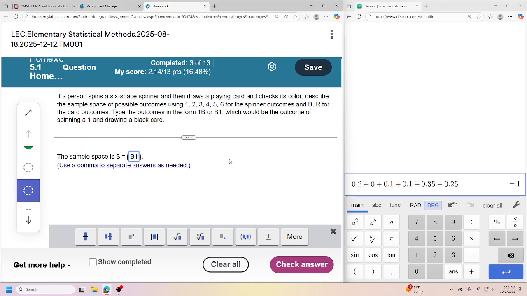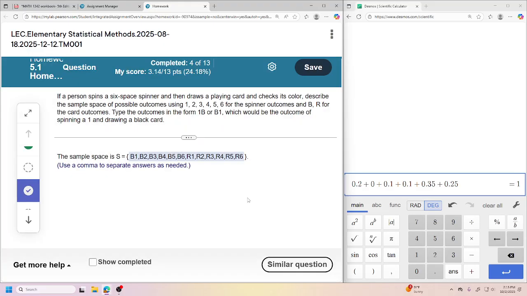So we got black 1, black 2, black 3, black 4, black 5, black 6, and then red 1, red 2, red 3, red 4, red 5, red 6. So either way, is this okay? We're not worried about that, right? And if you ever get confused, get it wrong, see what the format is, see what they're wanting, and then you can go from there.